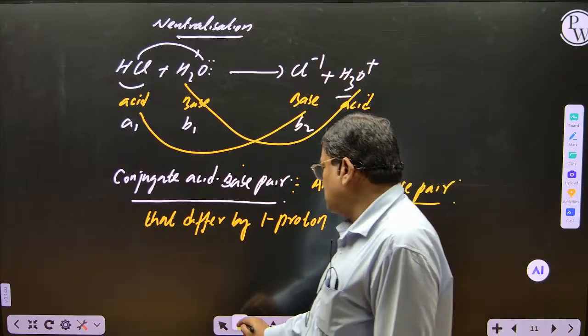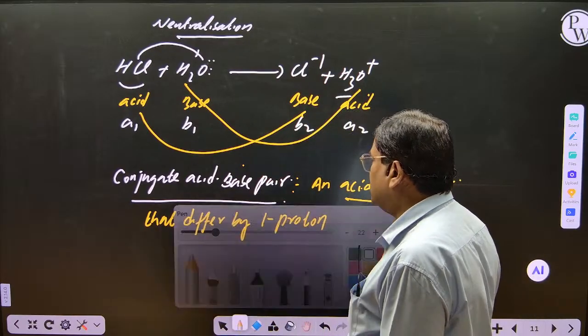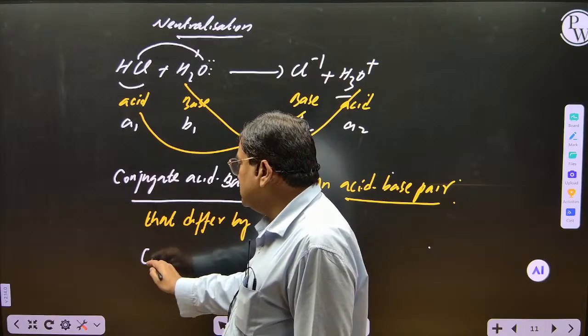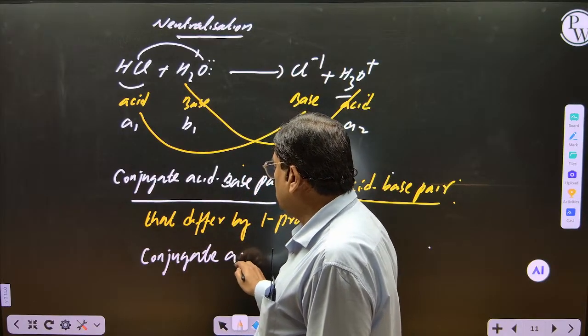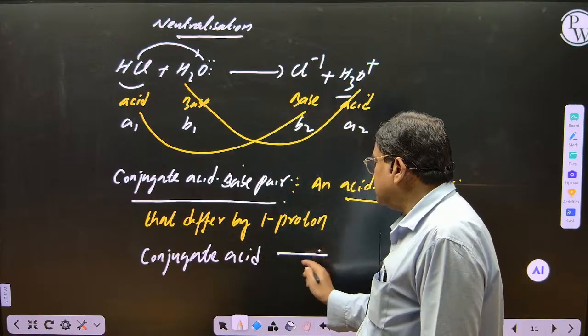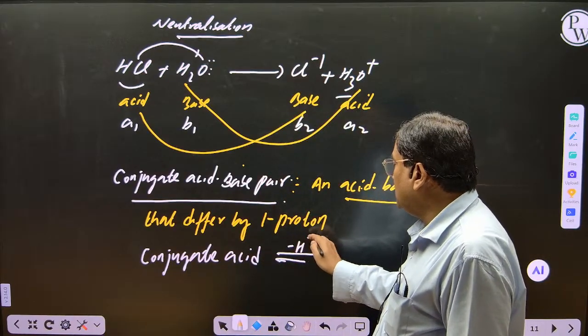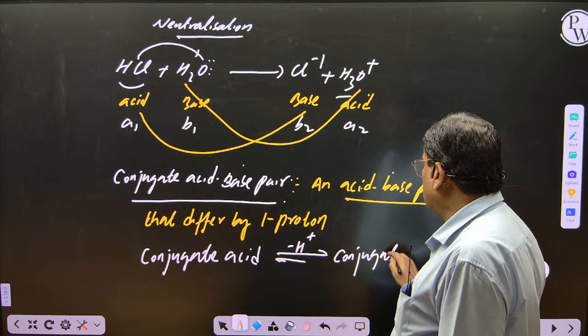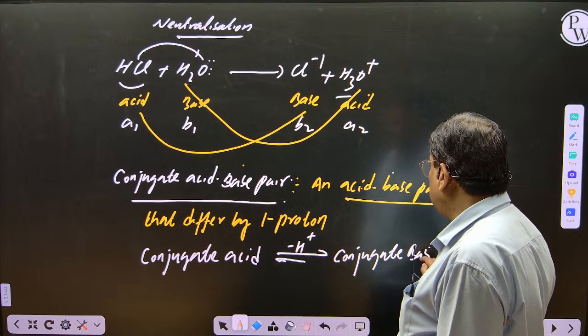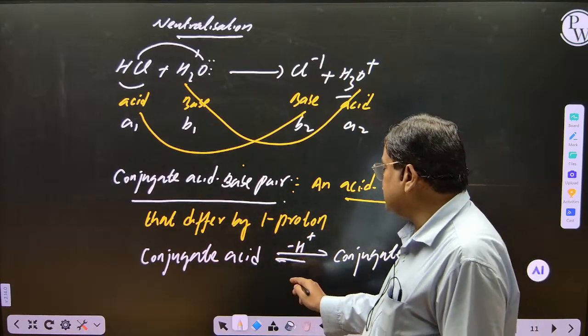So here, student, what you have to keep in mind from the exam point of view: to get conjugate base from conjugate acid, remove H. Then you get conjugate base. If you want conjugate acid from conjugate base, add H.